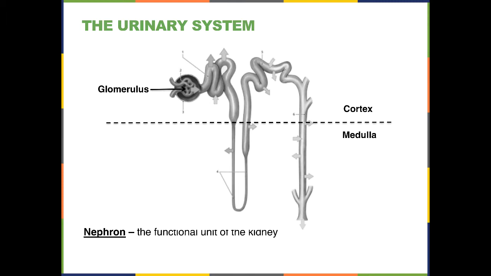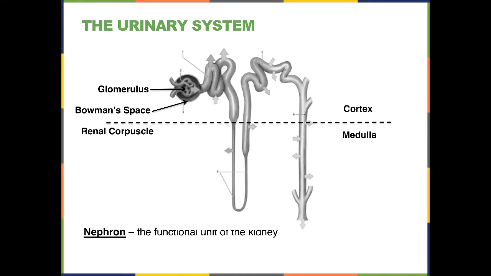The fluid filters out of the glomerular capillary, which is right where the arrow is pointing, into this little space around the glomerulus. This space around the glomerulus is called Bowman's space. The fluid goes from the glomerular capillary into Bowman's space and then begins to flow proximal to that.